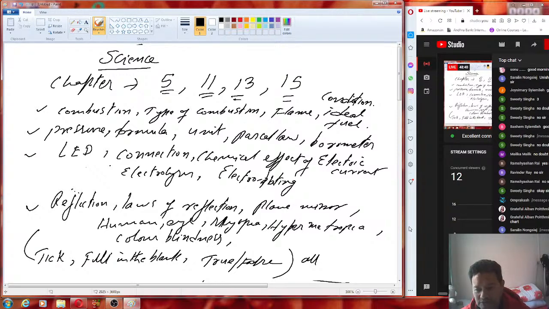Are you clear? Any doubt on the suggestions for science? Any doubt on this part of science? Comment now. Give a comment. Any doubt on the chapters related to the subject science?